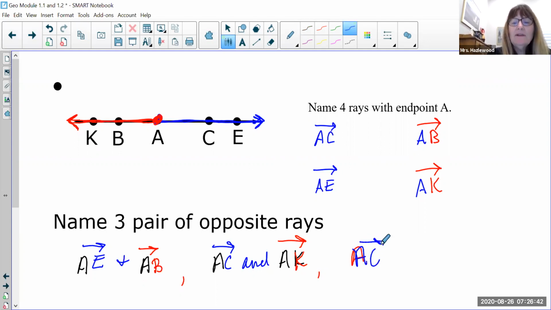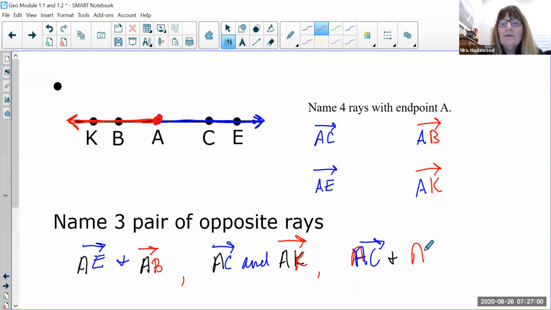AC is my blue one. And then I just need to name another one for the red one. AC, I already said AK, so I'm going to say AB. So I just named 3 pairs of opposite rays. There's probably 1 more in there as well. So if I did AB and AK.